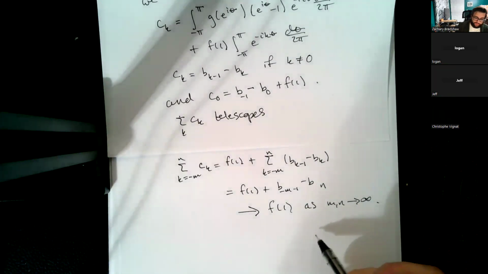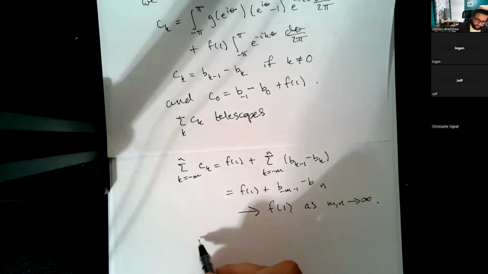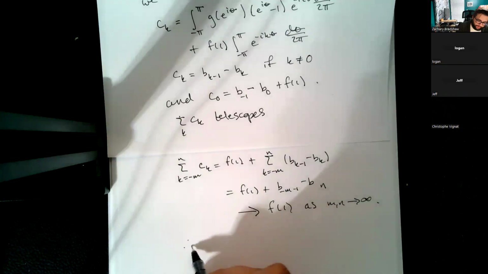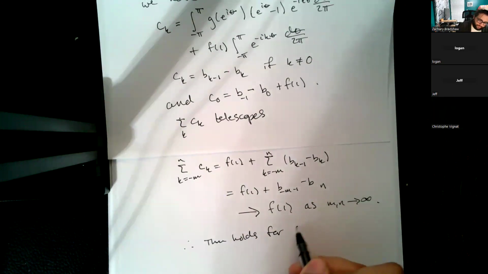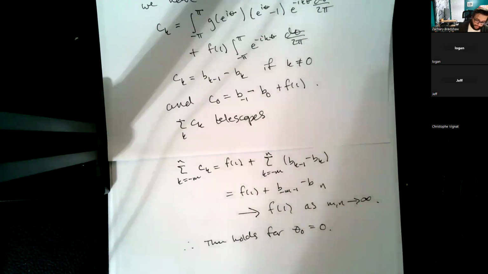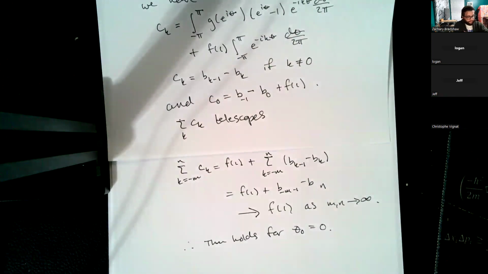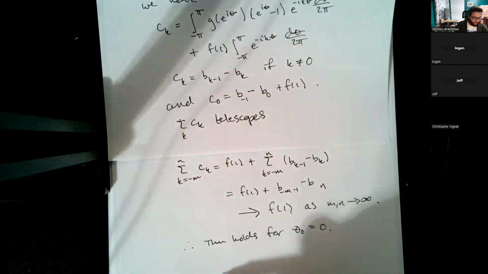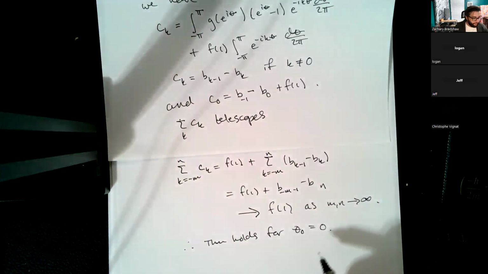Okay, and this proves the theorem for the case theta naught equal to 0. So the case when theta naught is arbitrary is reduced to the special case theta naught equals 0 by a change of variable.